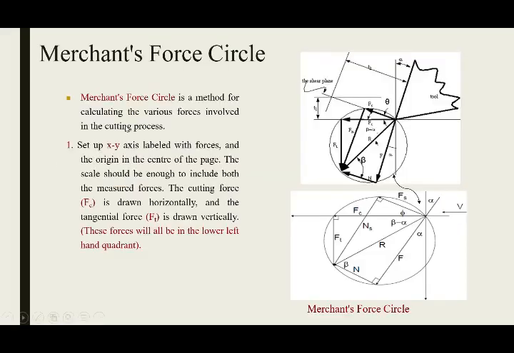Okay, so let us start with how to draw the Merchant circle. Merchant force circle is a method for calculating the various forces involved in the cutting process. Let us understand again what the different forces are.